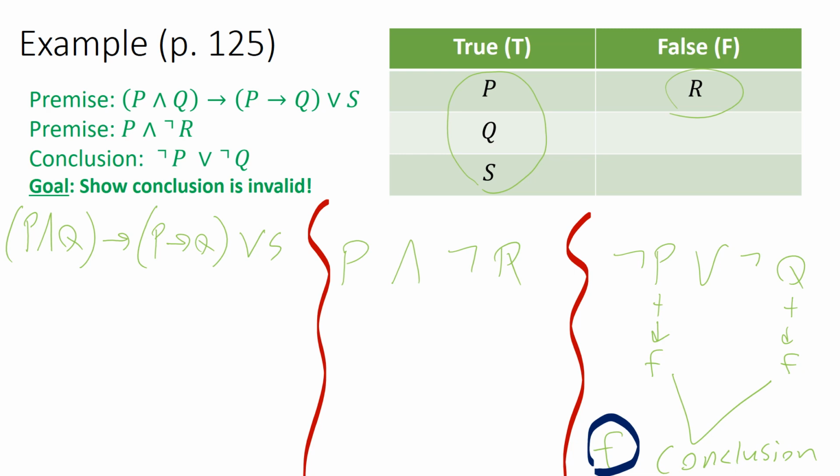Let's look at the second premise. P is true, R is false, but that's being negated, so it's true. And we have this conjunction, and both of the choices are true, so it is a true conjunction. So we have a true premise.